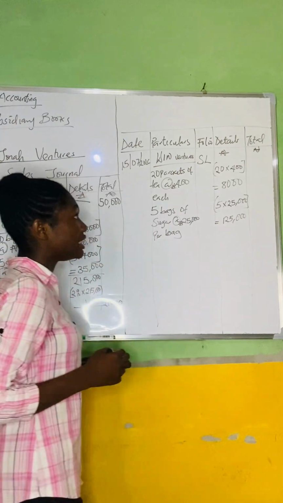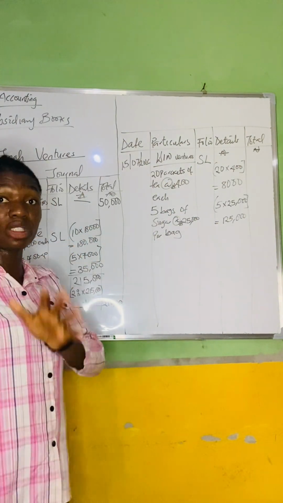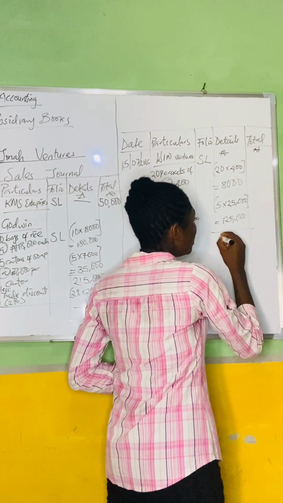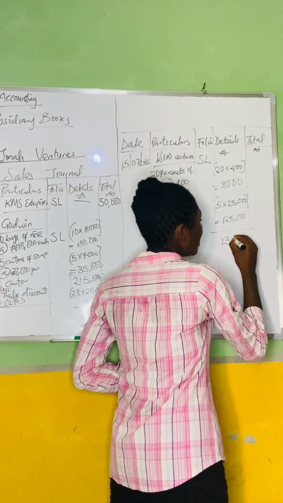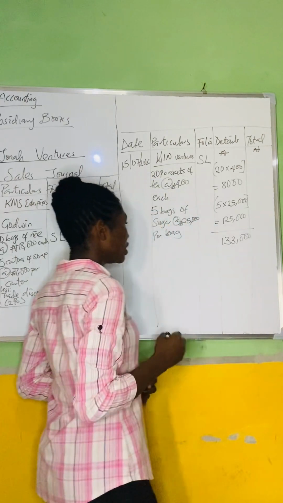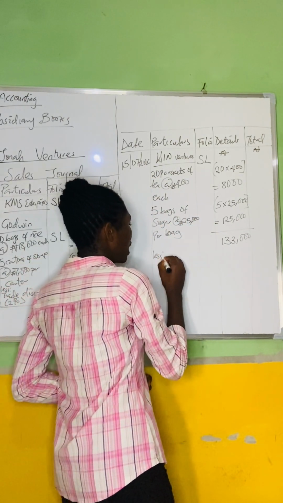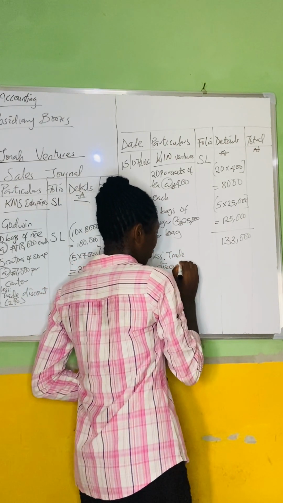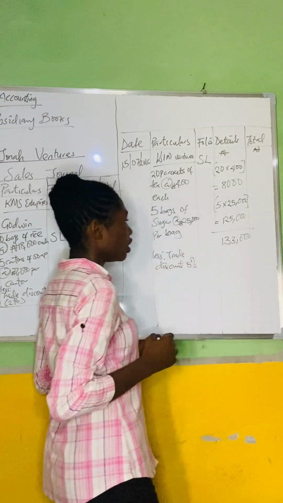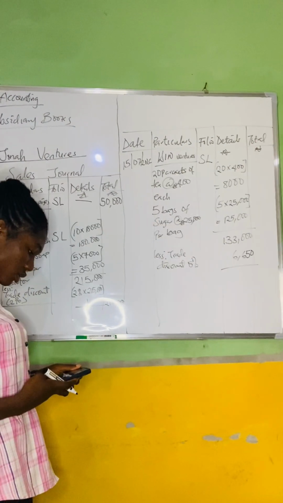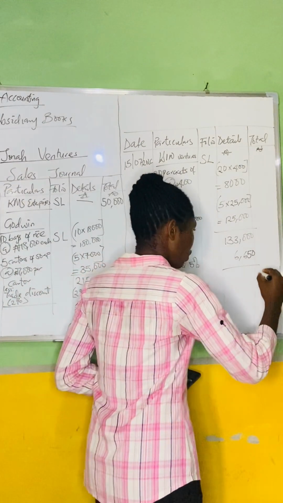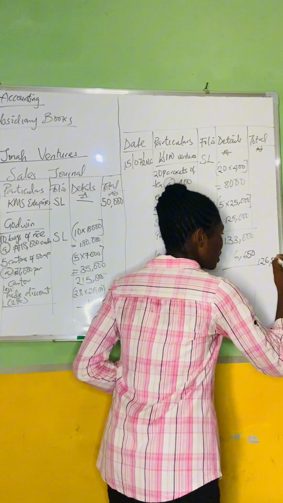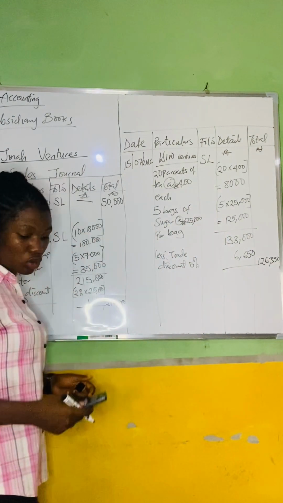Since this customer received a trade discount of 5%, we'll total his bill, so we'll have 133,000 naira. Then we'll less our trade discount of 5%, and we'll have a total of 126,350 naira.